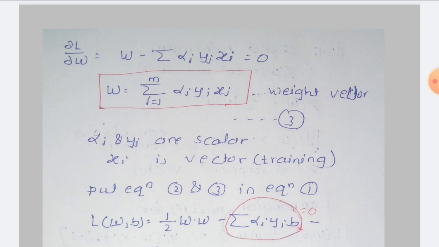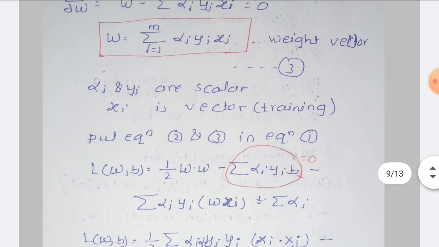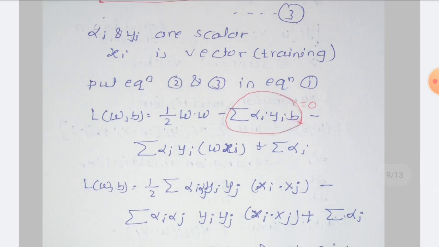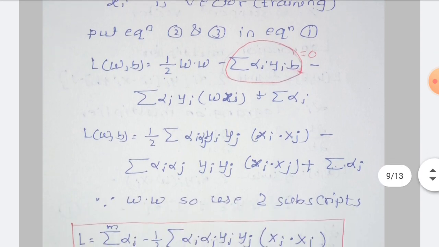Now let us put equations 2 and 3 into the main equation 1. So the second term will be equal to 0. The first term is half of w into w, and for w into w we have to use two subscripts. That's why I have used i and j.